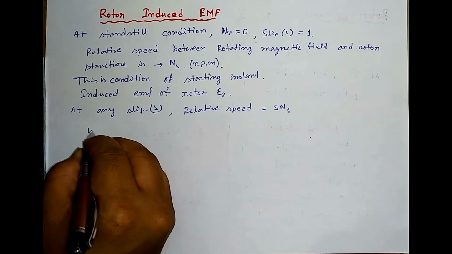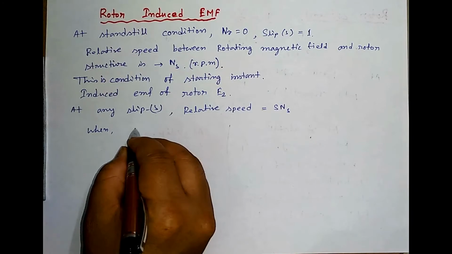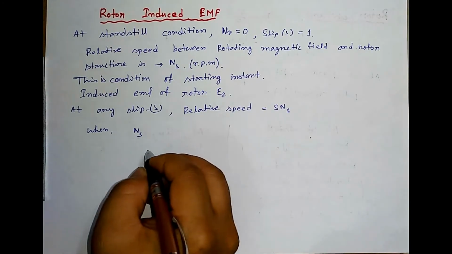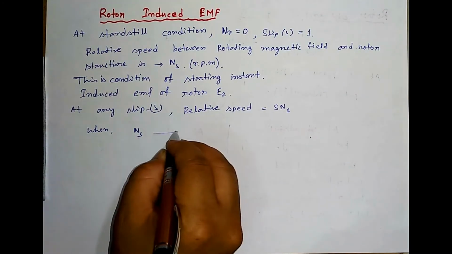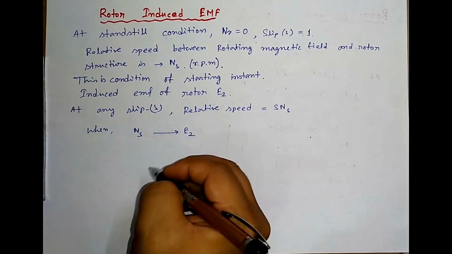So that we can write here, when ns is the relative speed, the induced EMF in the rotor conductor is E2.